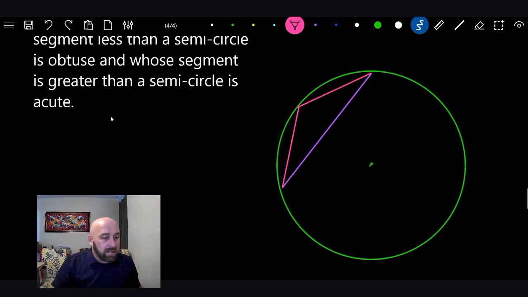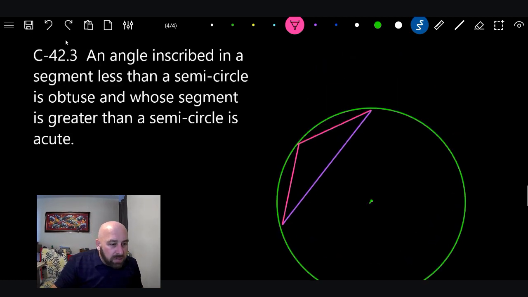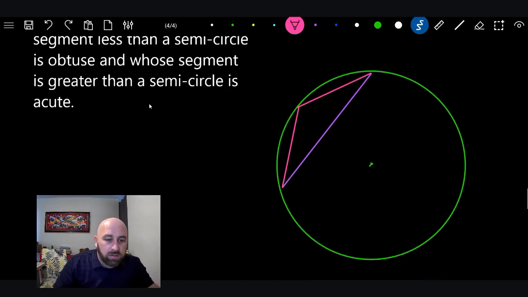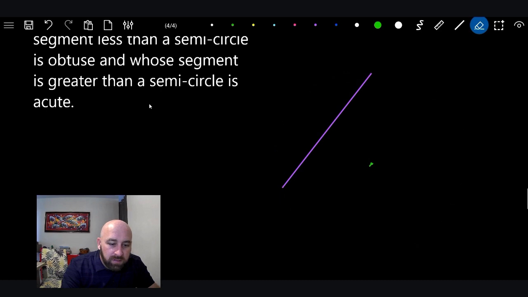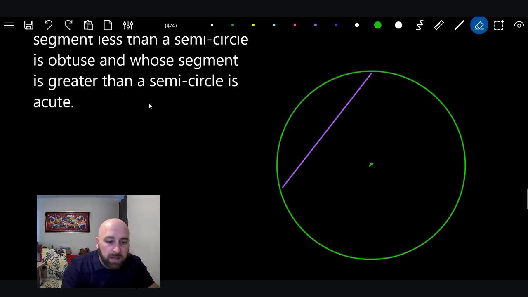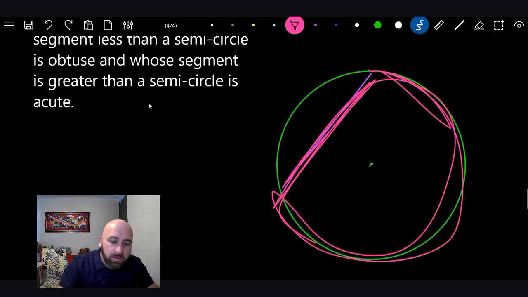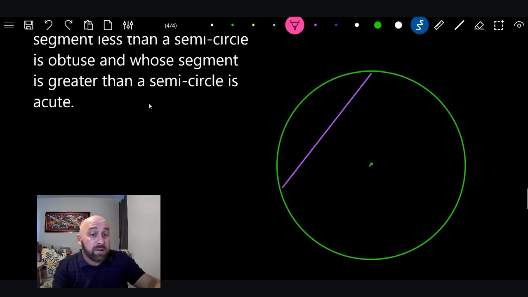Now let's do it the other way. If you inscribe an angle whose segment is greater than a semicircle, let's use the big segment, because it's greater than a semicircle.